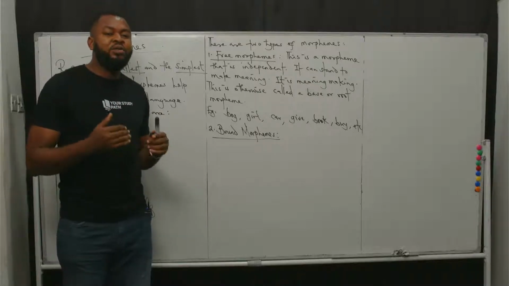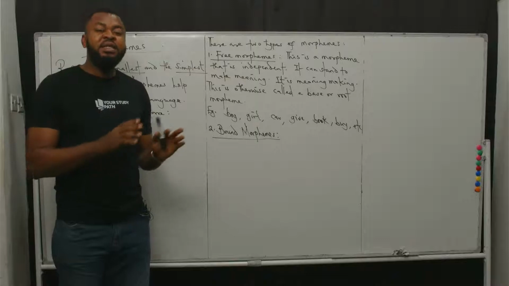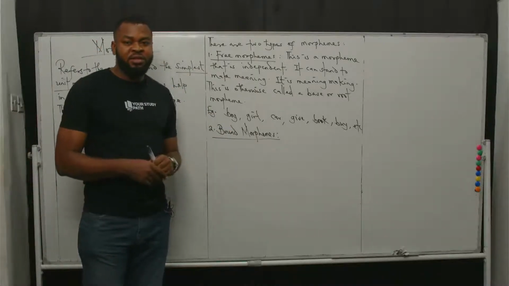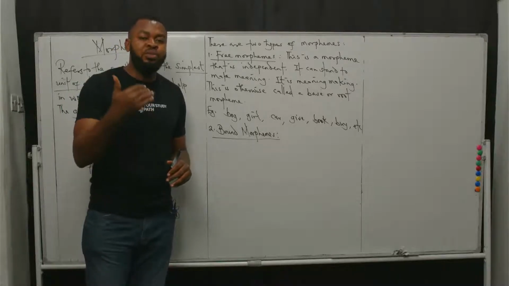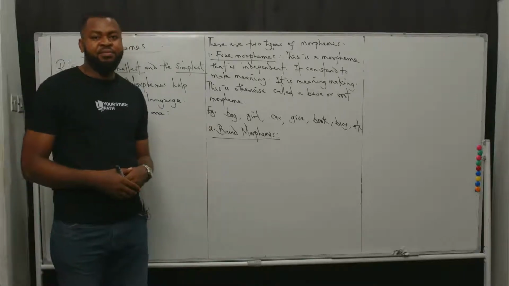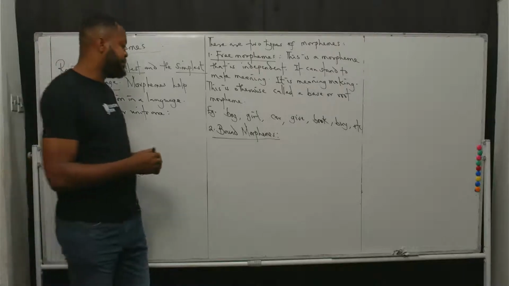These are words that could not produce meaning by themselves. They basically depend on the free morpheme for their meaning making. These are words that cannot stand on their own to produce meaning. They are called bound morphemes. Are we good now?